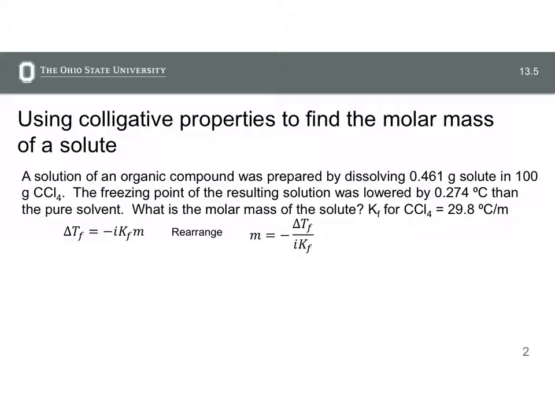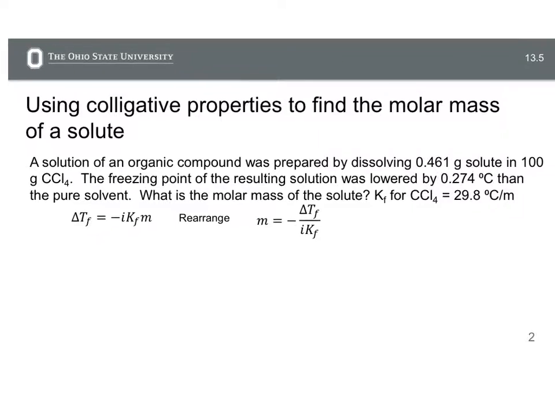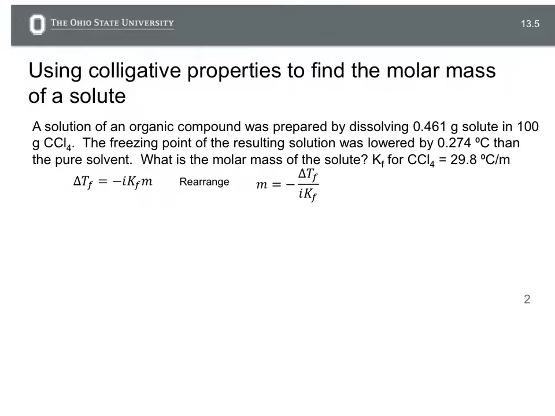Some more interesting calculations come in when we use colligative properties to determine the molar mass of various solutes. And so here we have a solution of organic compound. I'm using this term on purpose. There's a problem in your book that uses organic compound, and I want you to know that that essentially means non-electrolyte.